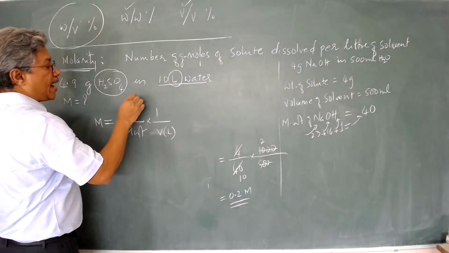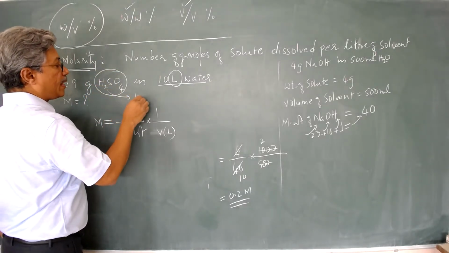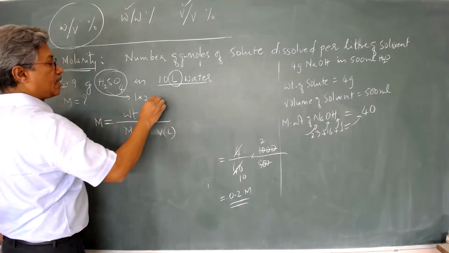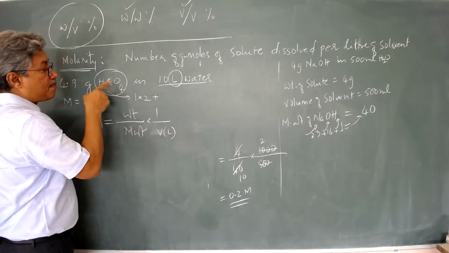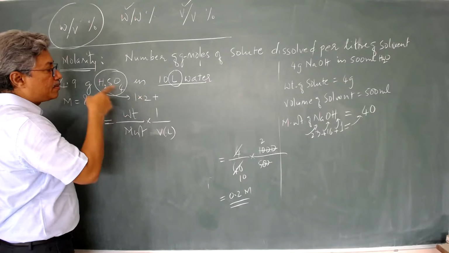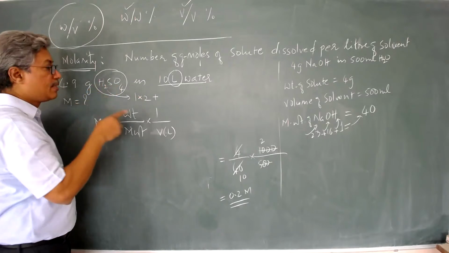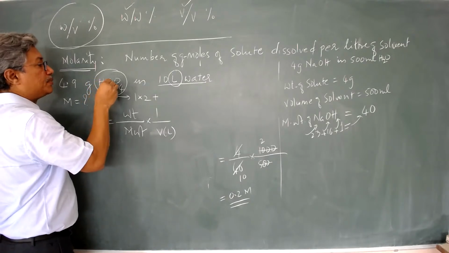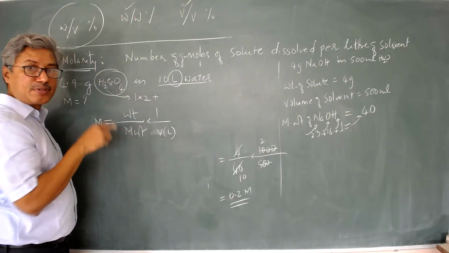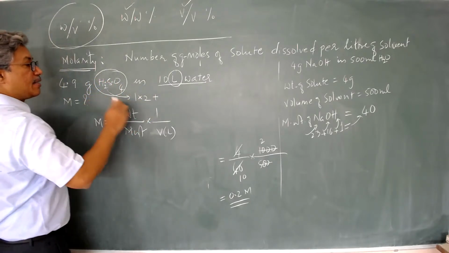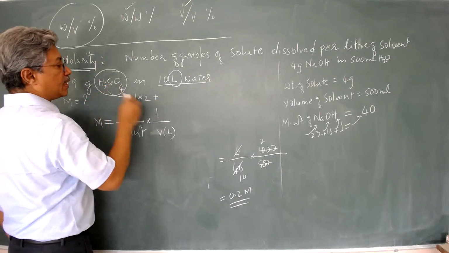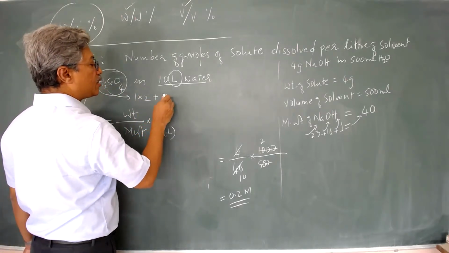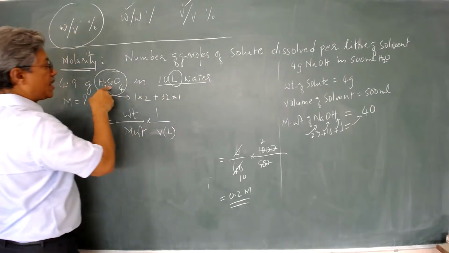Hydrogen is 1 into 2, plus, since the sum of the atomic masses must equal the molecular mass, you add plus here. Don't get confused. Then the atomic mass of sulfur is 32 into 1 time.